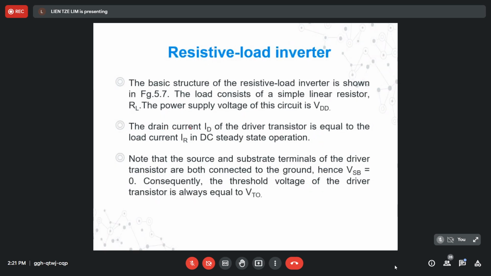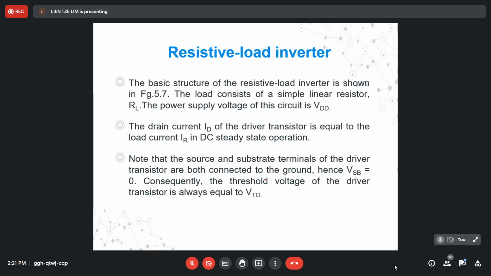The drain current ID of the driver transistor is equal to the load current IR in DC steady state operation. Note that the source and substrate terminals of the driver transistor are both connected to the ground. Hence, VSB is equal to 0. Consequently, the threshold voltage of the driver transistor is always equal to VTO.